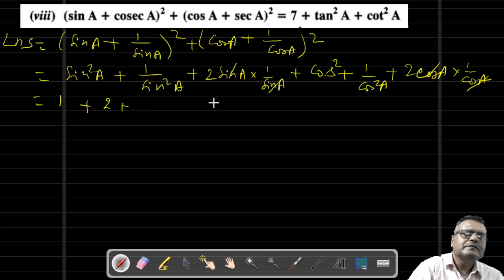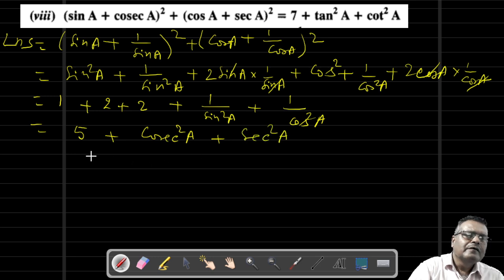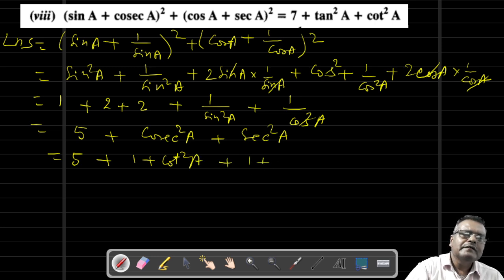So 2 plus 2 plus 1 by sin square A plus 1 by cos square A. So you are getting 5 plus 1 by sin square A is cosec square A, and 1 by cos square A is sec square A. So 5 plus cosec square A, you can write 1 plus cot square A, and sec square A you can write 1 plus tan square A.